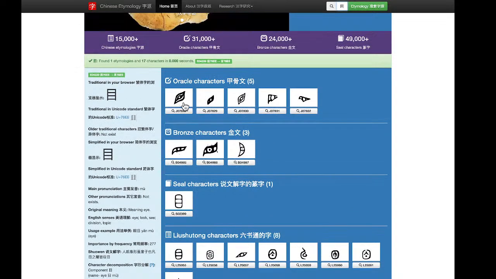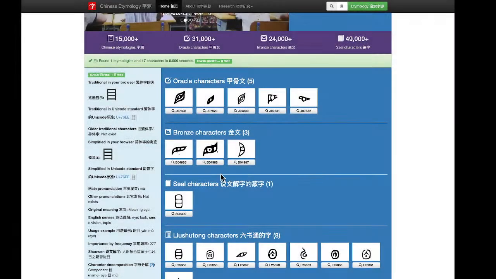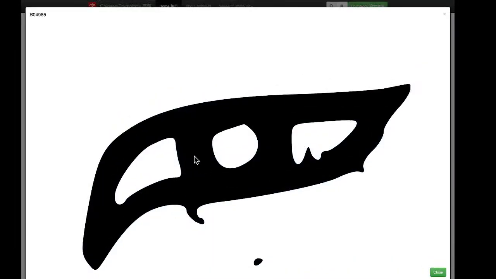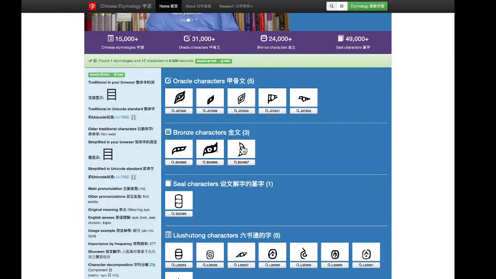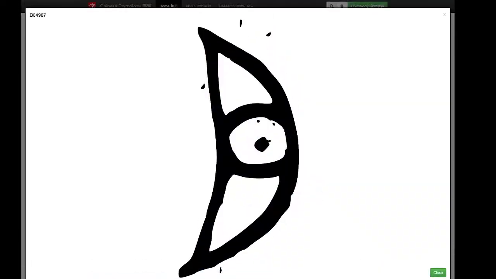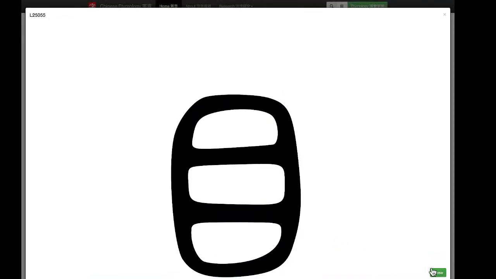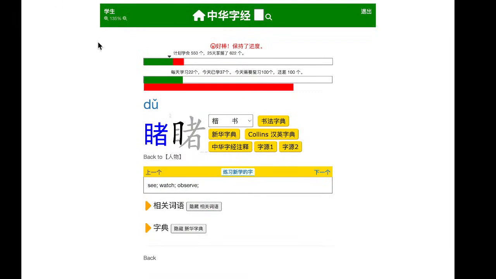See this? It used to look totally like an eye. It's just a drawing of an eye. And then it turned sideways. And then it got square. And now it's a box.